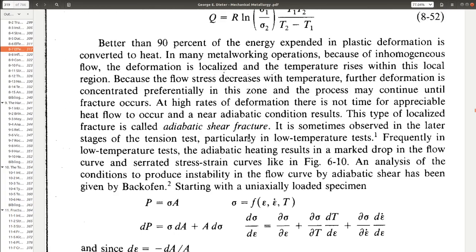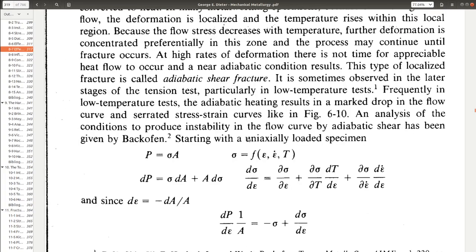Okay, fine. Now we are going to see how the instability of the material is changing. By instability, we're going to see how the ultimate tensile strength is changing with respect to temperature.